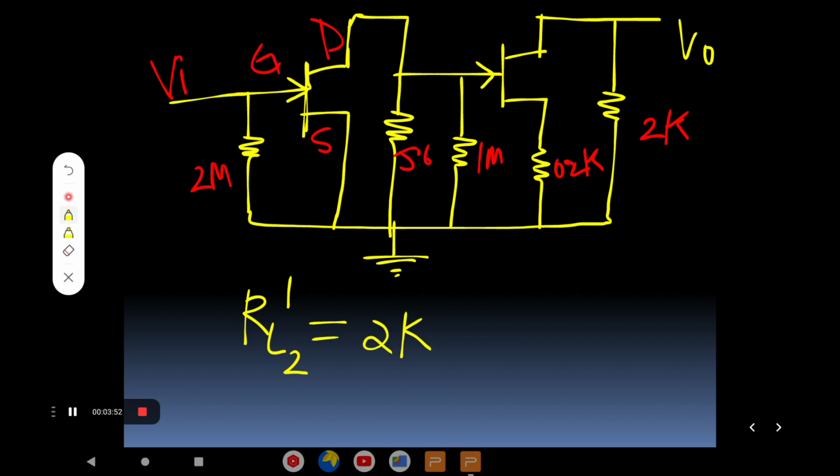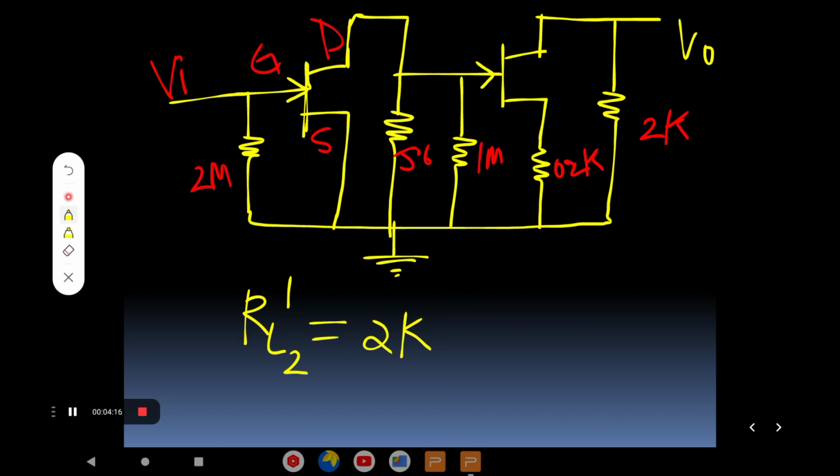If you want to find RL2, what is the basic process? The second one is AV2, right? AV2 is the gain without the bypass capacitor.